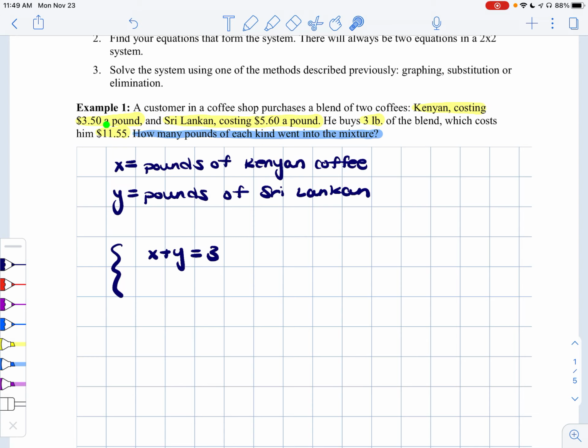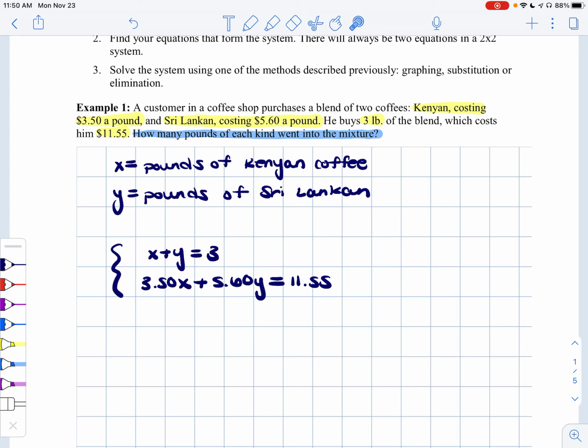So 3.50x plus 5.60y is equal to 11.55. Because you're looking at $3.50 for every pound of Kenyan coffee plus $5.60 for every pound of Sri Lankan coffee for a total of $11.55.